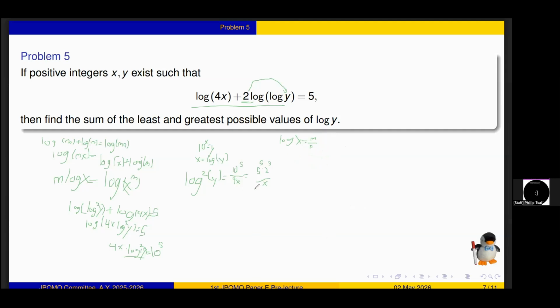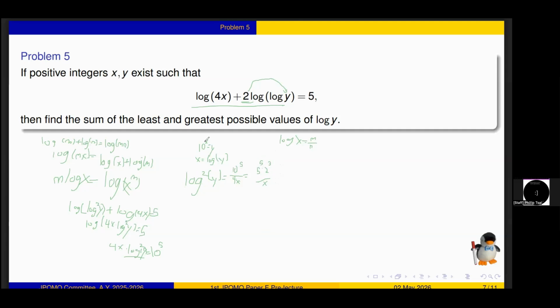Either way though, what we have here is that this must be a positive integer. And more so, since this is log squared of y, this also must be a perfect square.